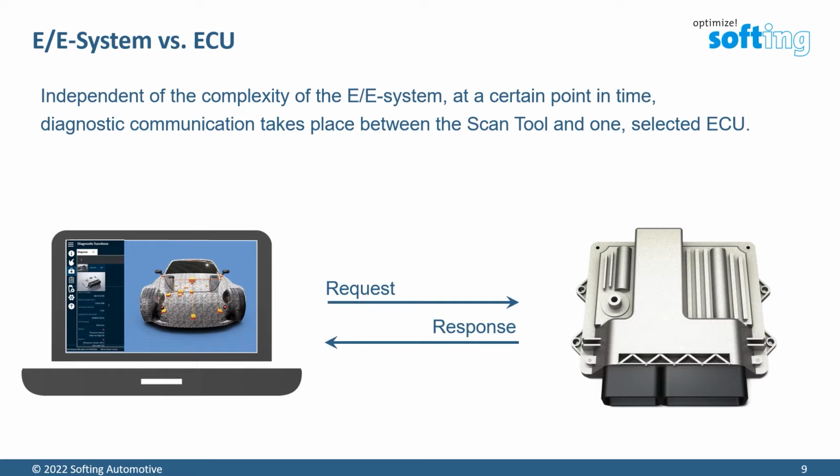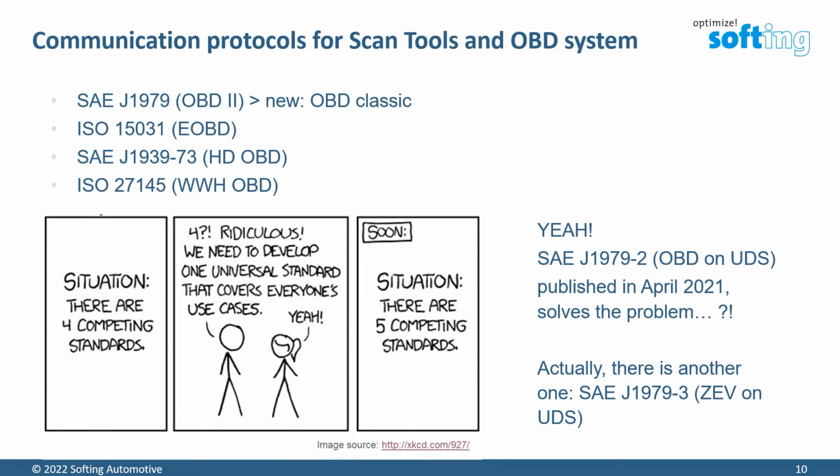So the tester sends a request to the control unit and the control unit sends the response back to the tester. Diagnostic service requests and responses are specified in diagnostic communication protocols.